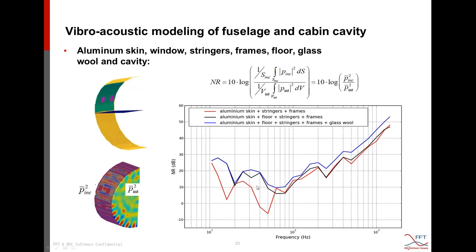This part is mainly driven by the modes of the structure, and as frequency increases, the problem is more driven by the mass effect, and there's not much effect of the floor on the noise reduction.